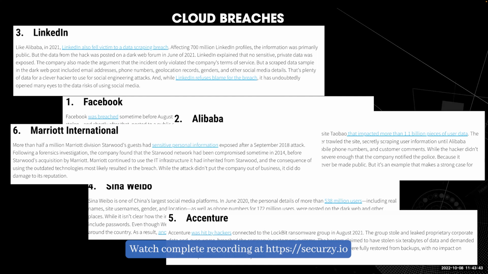So what we can learn from these breaches, because we're talking about the cloud environment here, is that cloud security is very, very important. Paramount importance should be given to it while we are setting up our infrastructure, applications, and data on cloud.